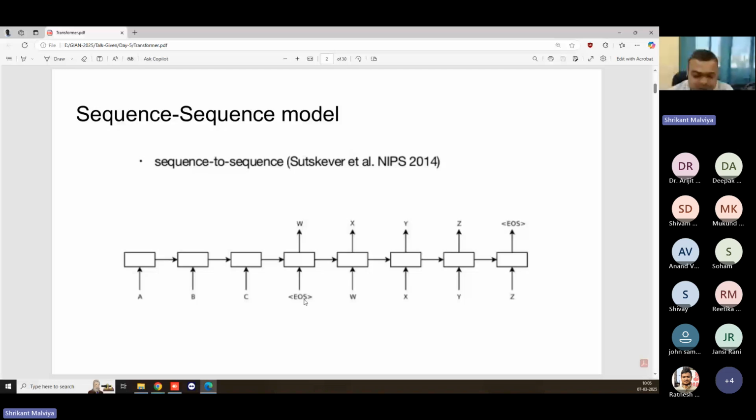So this tag is given as input, and it will generate the first symbol. In the next iteration, the earlier generated output will be used for the next prediction X. This X will be used for the next generation in the output sequence, Y. So in this way, the entire output sequence WXYZ will be predicted.